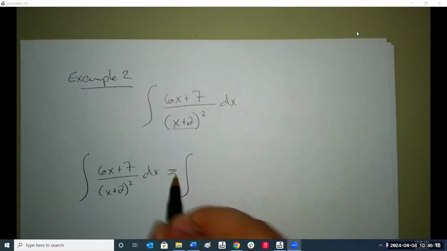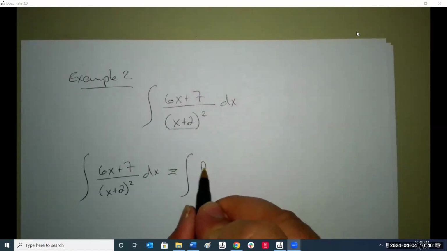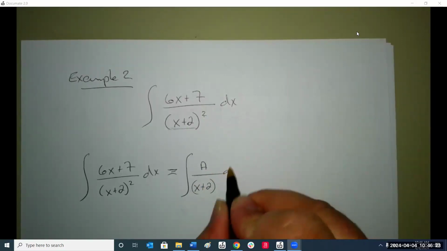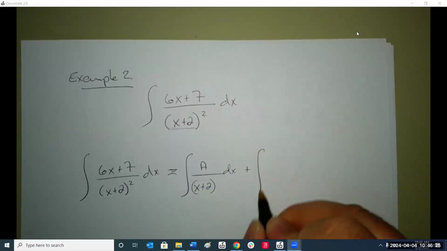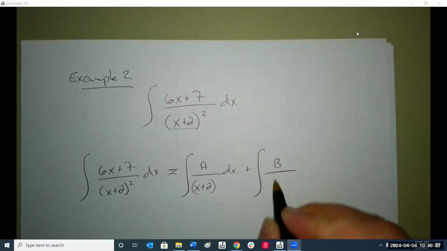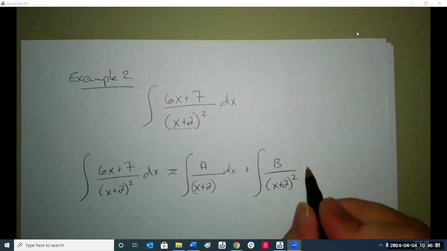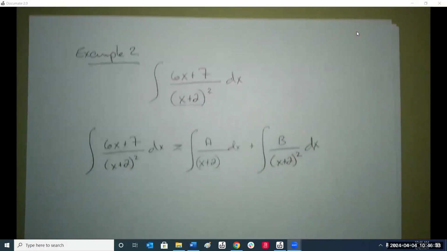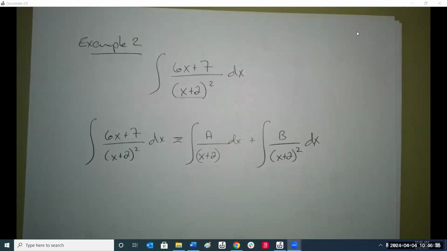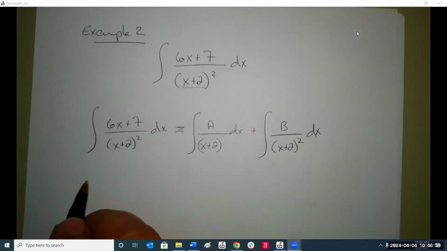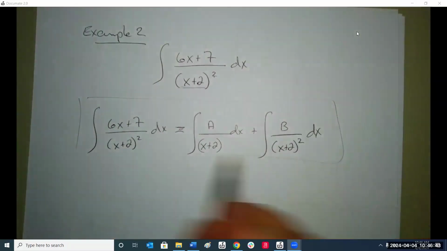So what I'll be looking for is A over (x + 2) to the first, and B over (x + 2) to the second. So this is what I'm looking for.